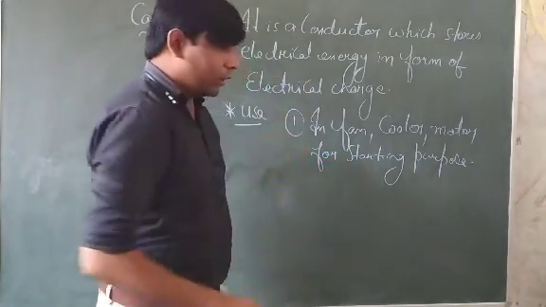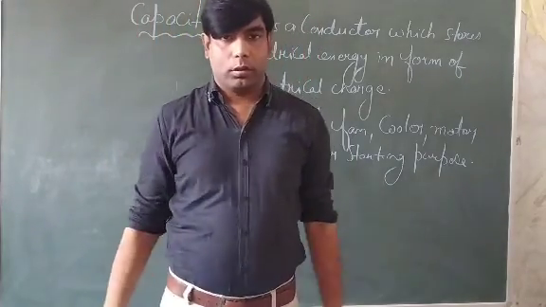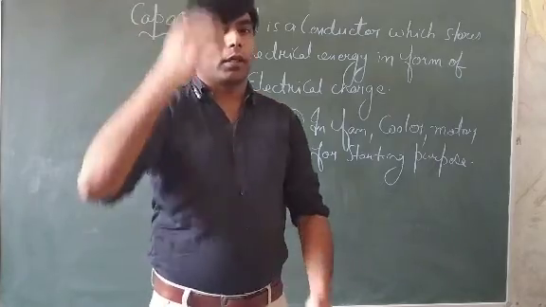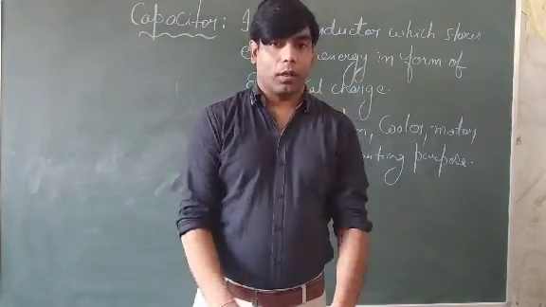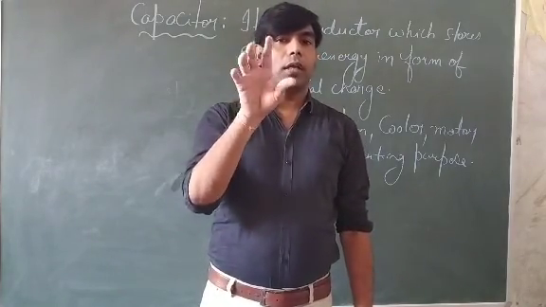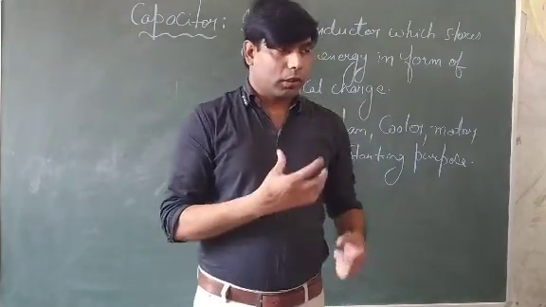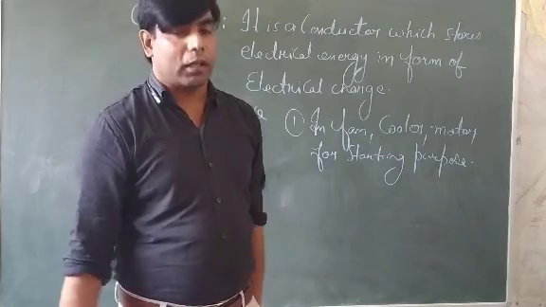Capacitors in a grid substation, big capacitors, are installed to improve the power factor. They supply magnetic power, that is, reactive power. The power which is consumed is known as active power, and the magnetic power is generally known as reactive power. So a capacitor can also supply reactive power, volt ampere reactive.